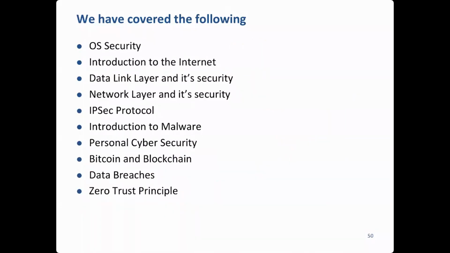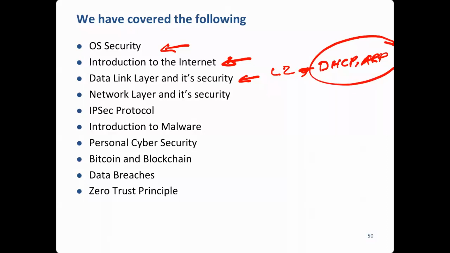Then we studied in brief the concept of a process and how the OS provides security. Then we spent a lot of time on the internet, about 3 classes, on basic concepts of the internet. We looked at the data link layer, or layer 2, and security. In the process we also studied DHCP, ARP, etc. And we saw how broadcast elements, since these protocols are based on broadcasting, can be exploited.